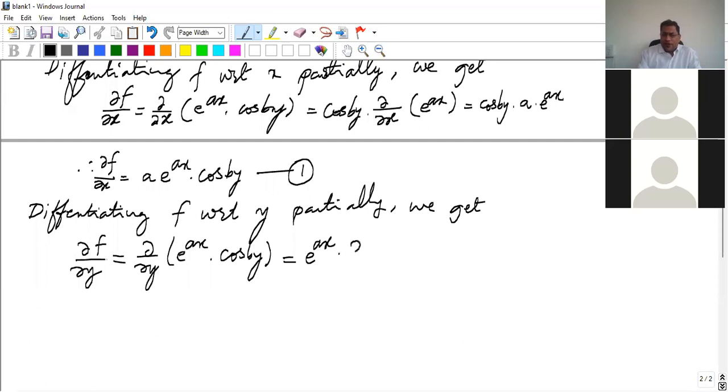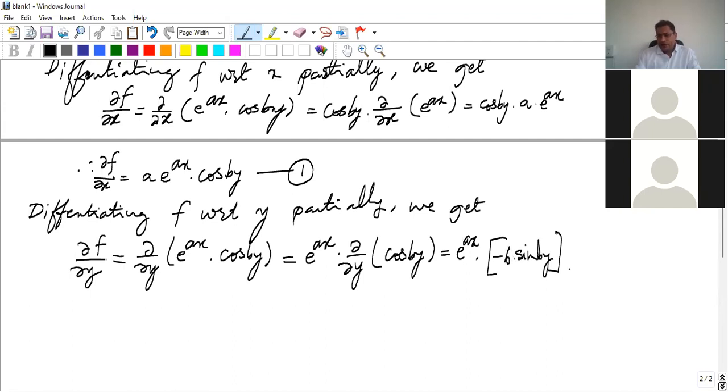So we can have e^(ax) out, times ∂/∂y of cos(by). The formula for the derivative is going to be the same. So this is e^(ax) into, what is the derivative of cosine? Minus sign. So this is going to be minus sin(by), and again the derivative of by is going to be b, as we are finding the derivative with respect to y.